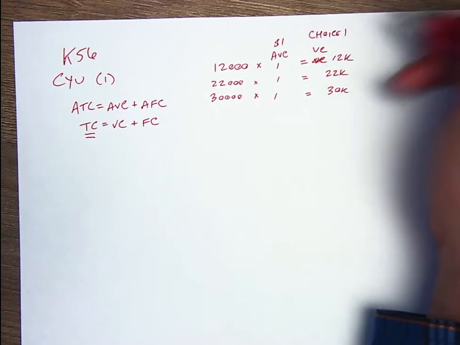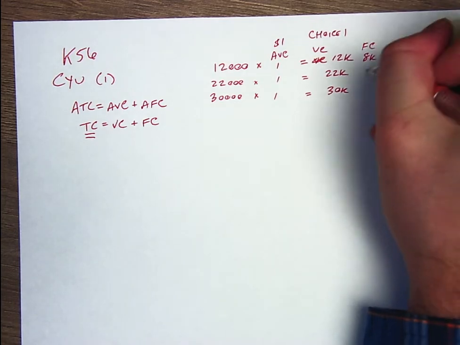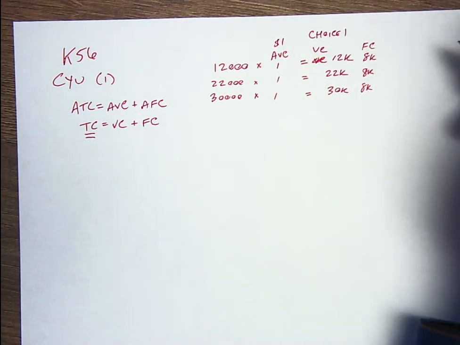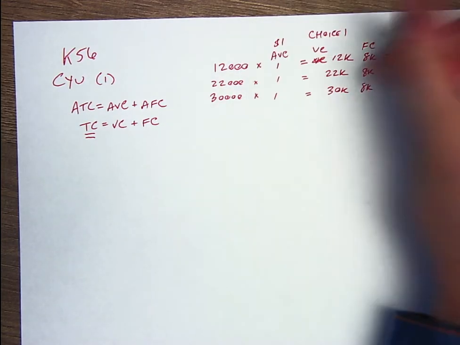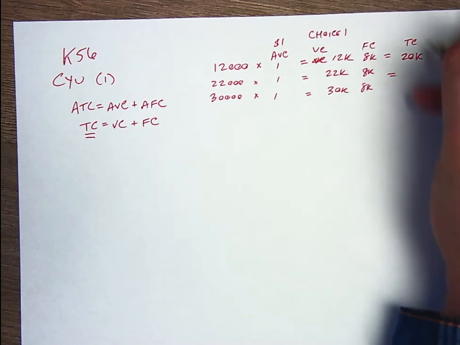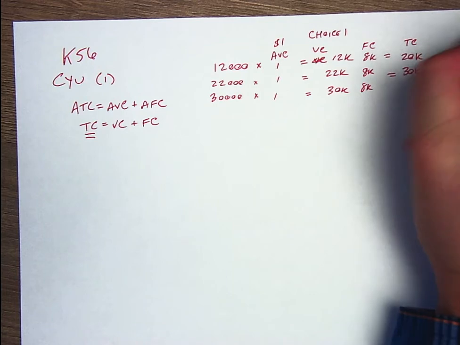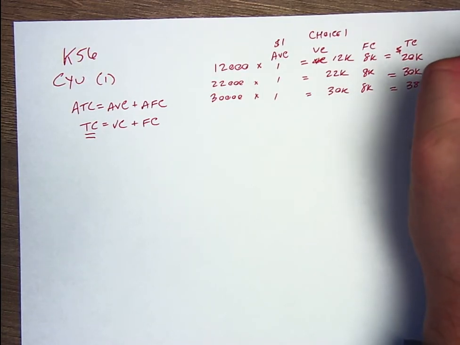And then for choice 1, the fixed cost is just given to you as 8,000, right? It's given in the little table. So the total cost for choice 1, 12,000 units, is 20,000. For 22,000 is 30,000, and these are in dollars, and then it's 38,000.